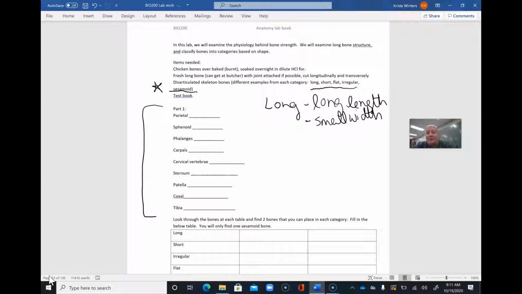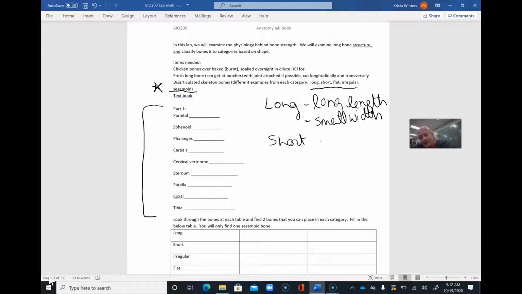Then we have short bones. Here's an example of one single short bone, right there. It's a carpal bone. When you look at all of your carpal bones here, these are all short bones.